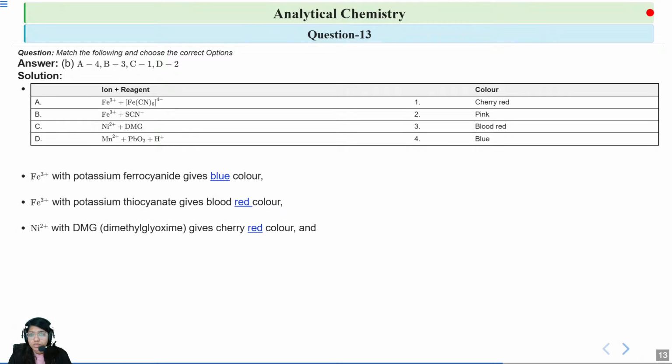When Ni2+ reacts with DMG, dimethylglyoxime, a cherry red complex Ni(DMG)2 forms. This reaction is specific and used for detecting nickel ions. The color change indicates the presence of Ni2+ in solution.